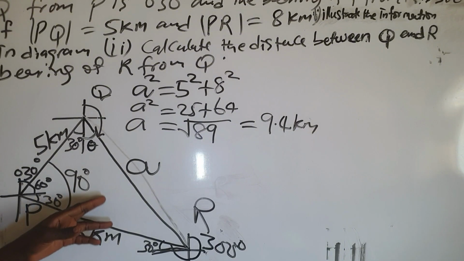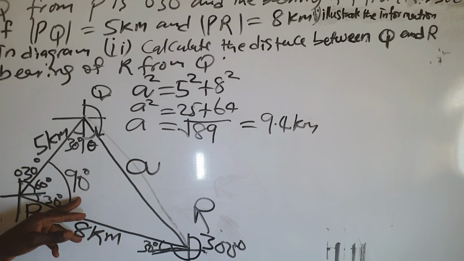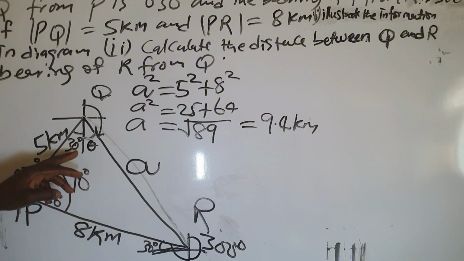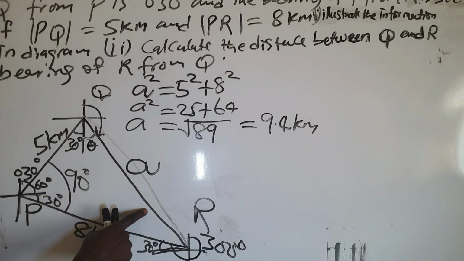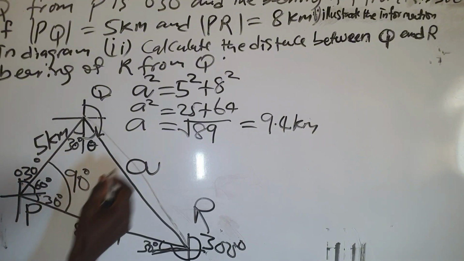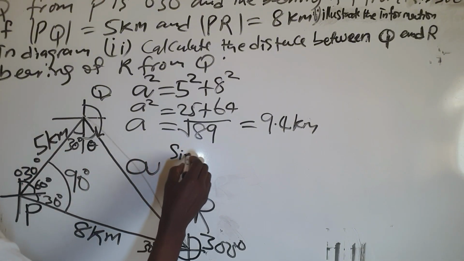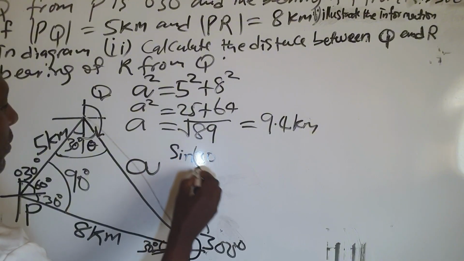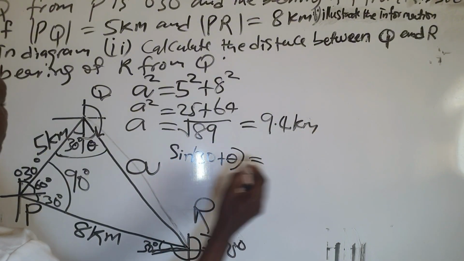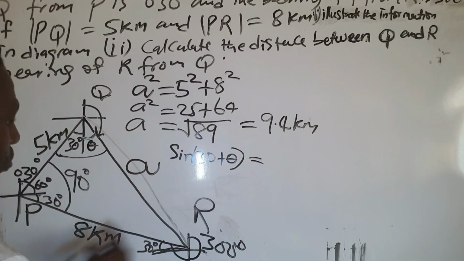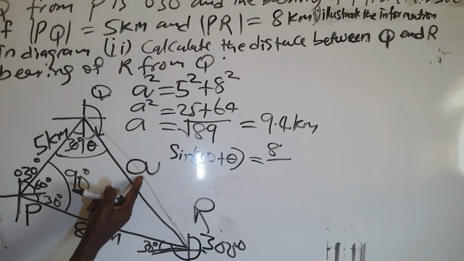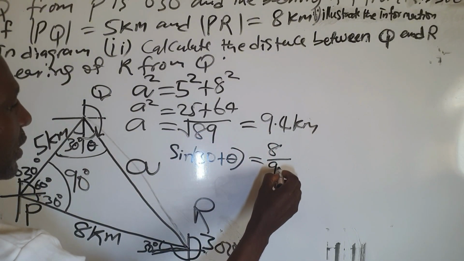The trigonometric ratio says that sine of this angle equals the opposite side of the angle all over the hypotenuse side, which is A. So we say that sine of all the angle here, 30 in bracket plus theta, will give us the opposite, which is 8, all over the hypotenuse, which is the side facing 90 degrees, and our hypotenuse, which we have calculated, is 9.4.